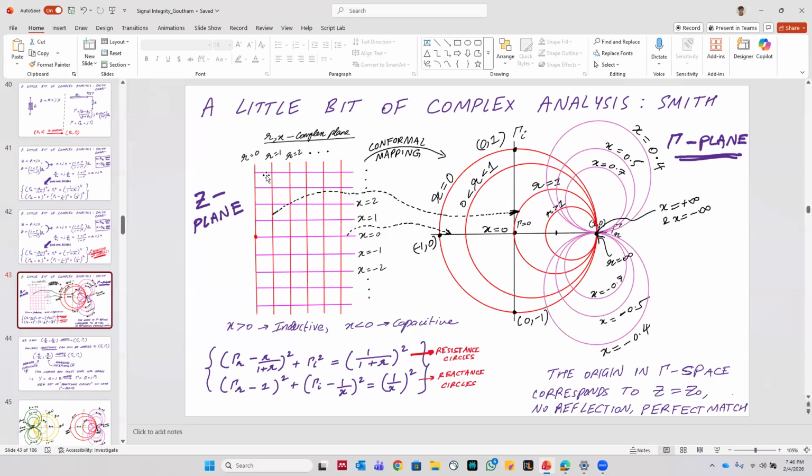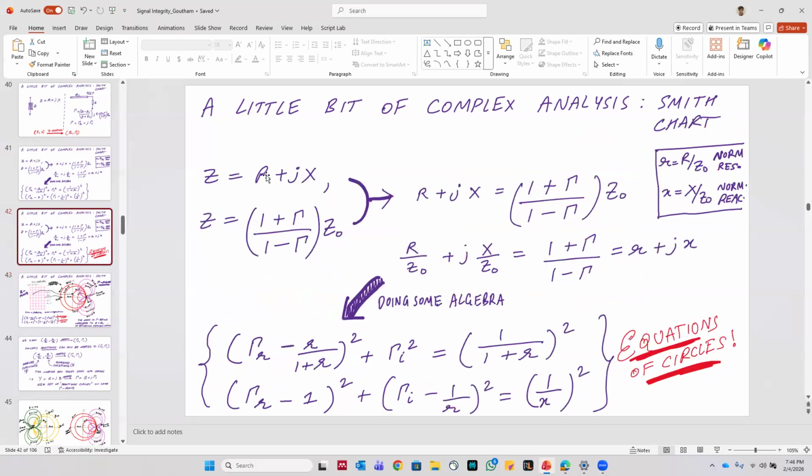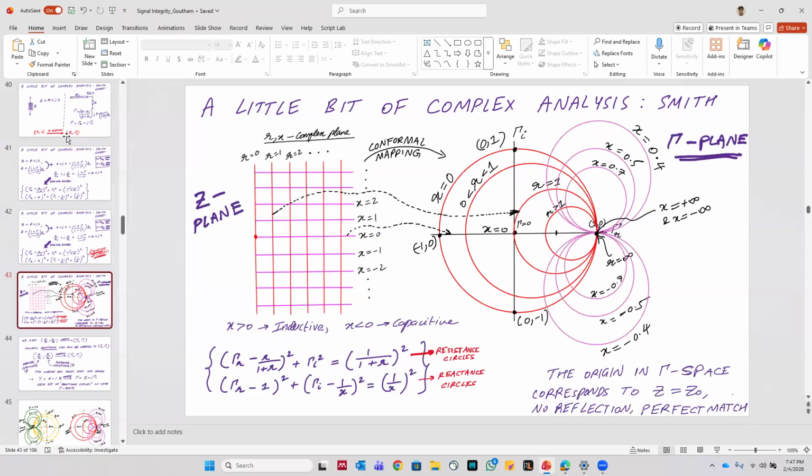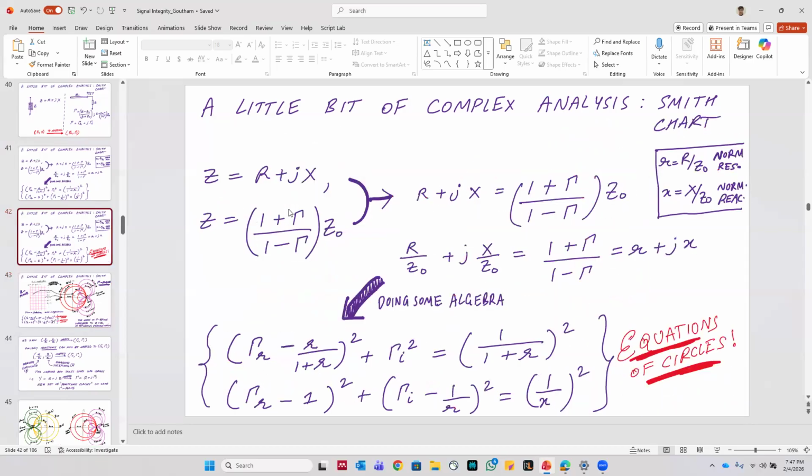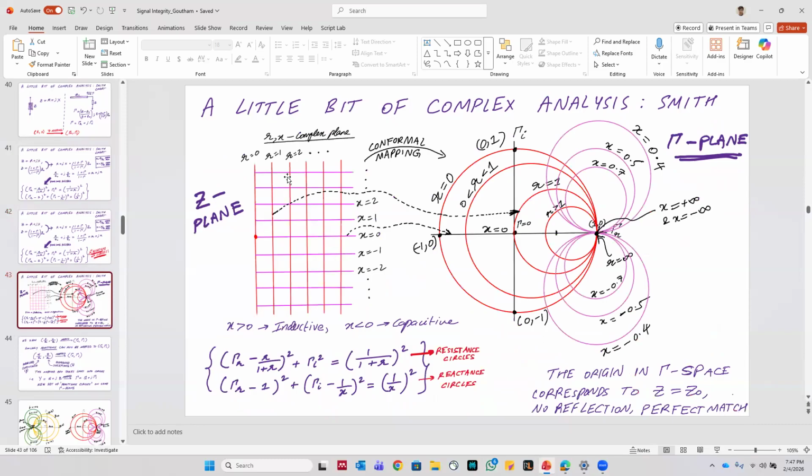If you use this expression, and I would again ask you to go back, derive it and see for yourself, you'll find that these red lines are transformed into circles on the new gamma R, gamma I plane. R equals 0 becomes this circle over here, and R equals 1 becomes another circle like this. R equals infinity becomes the point here.